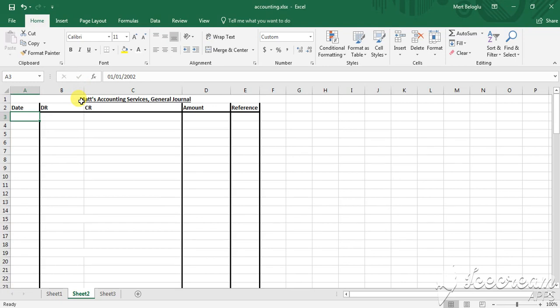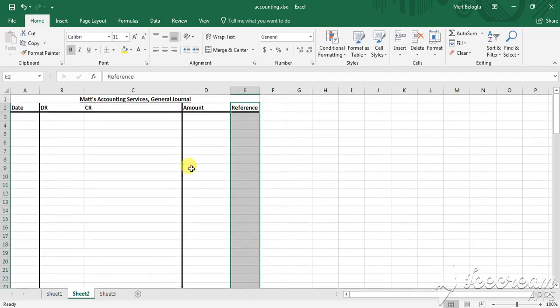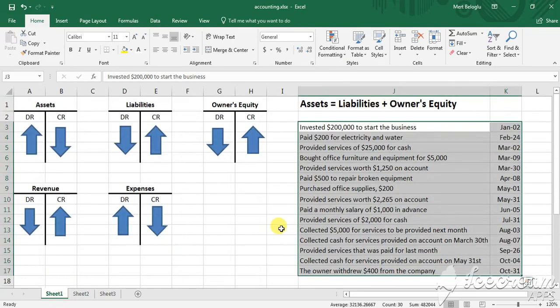And for now, ignore this reference column. We will come back to it later in the second step of our tutorial. Before moving on to posting these transactions to our general journal, I want to talk about T accounts.